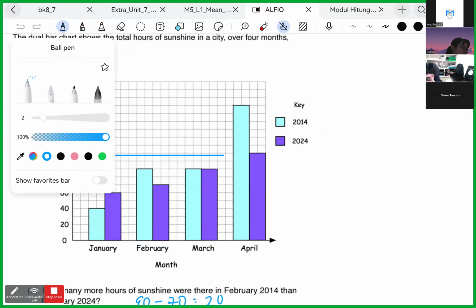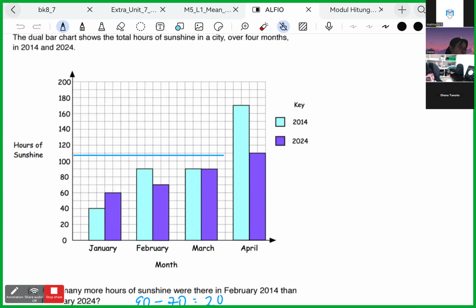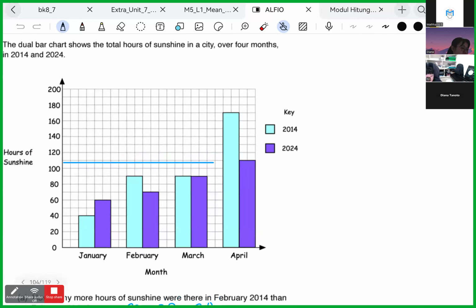So what is the average hours of sunshine from January until April in 2024?